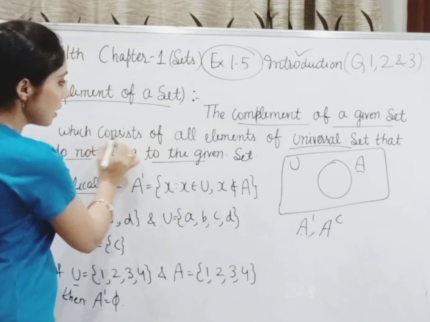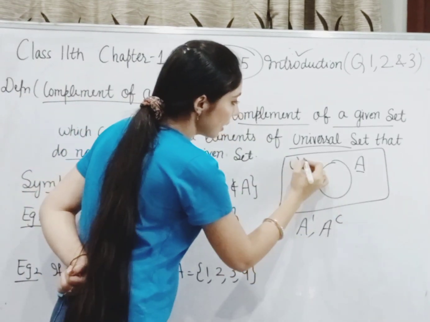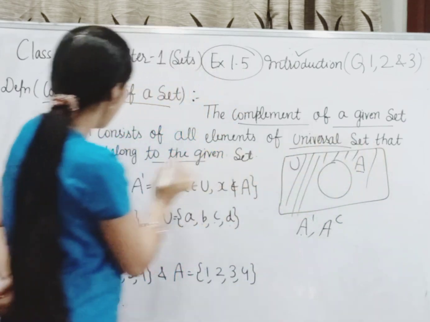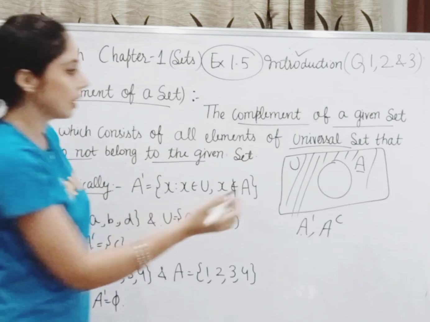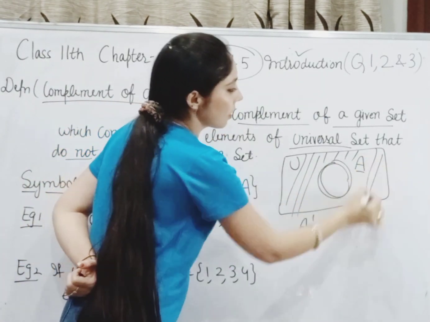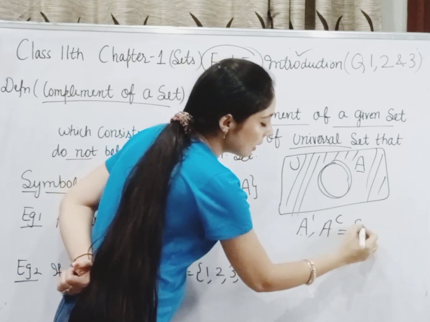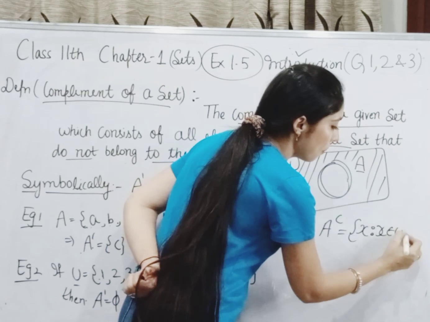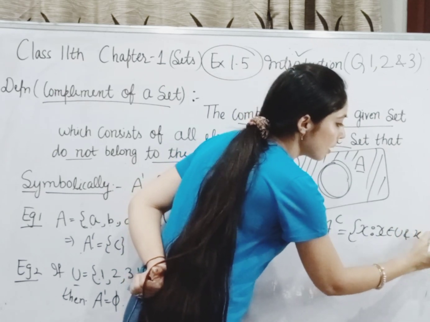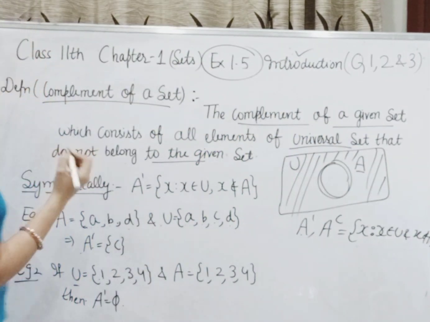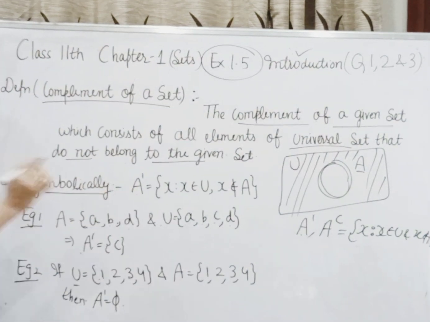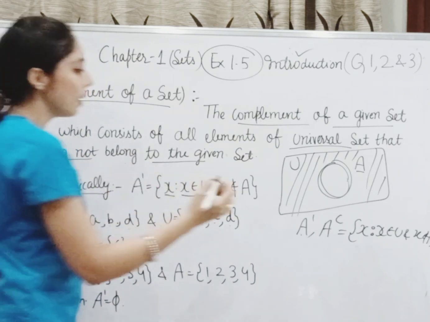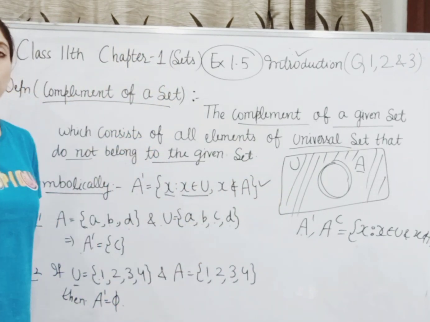It contains all elements of the universal set that don't belong to the given set A. Symbolically, we write it as A dash is equal to those x which belong to the universal set but don't belong to the particular set.